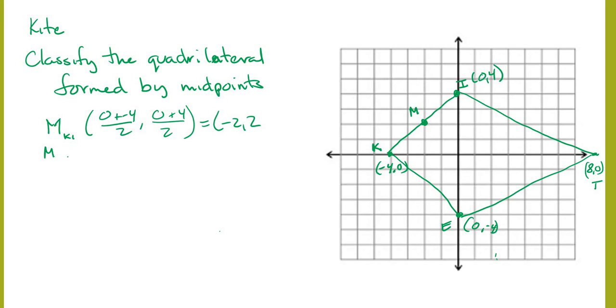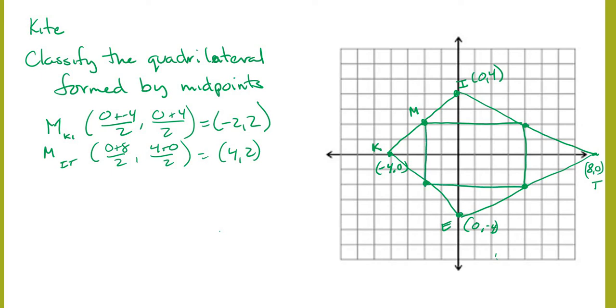The midpoint of IT is going to be 0 plus 8 over 2, and 4 plus 0 over 2, which is going to be 4, 2. And if we continued in this manner, we would get 4, -2, and -2, 2. So the question is, what kind of quadrilateral is formed by those midpoints?